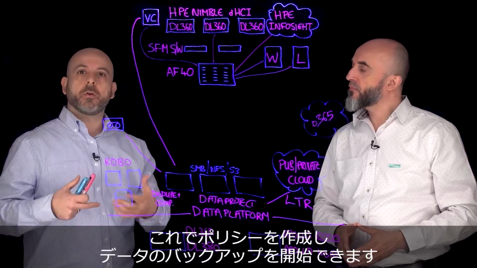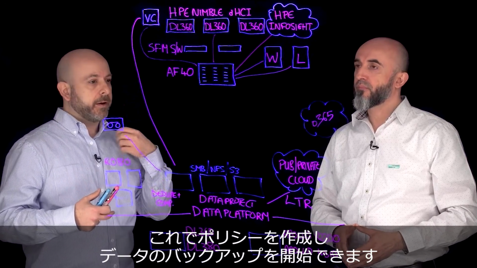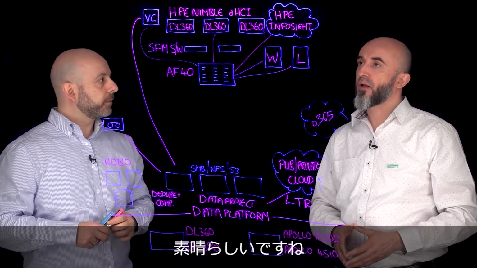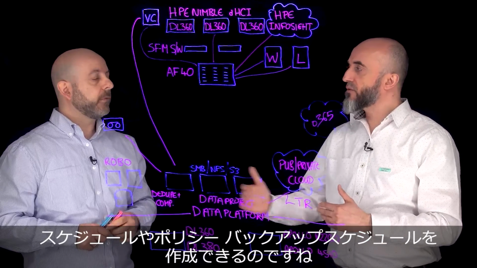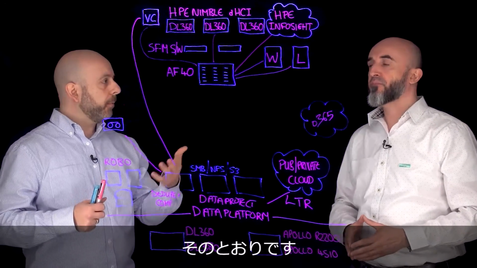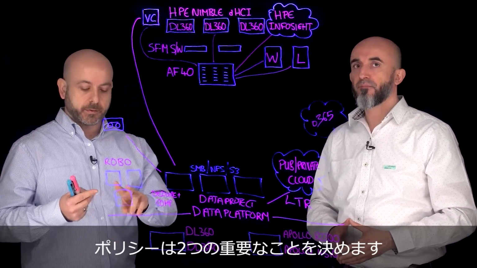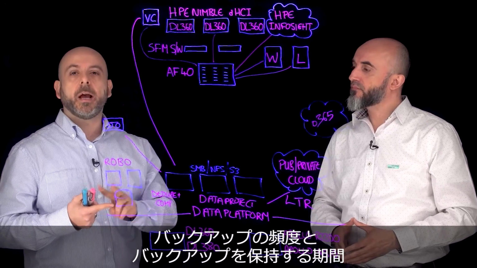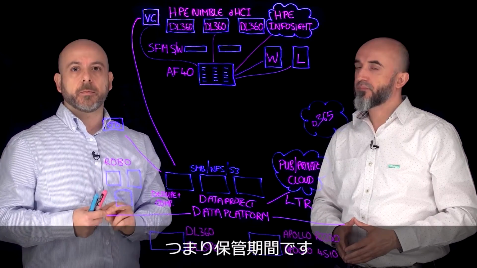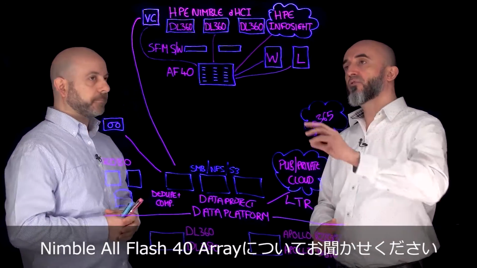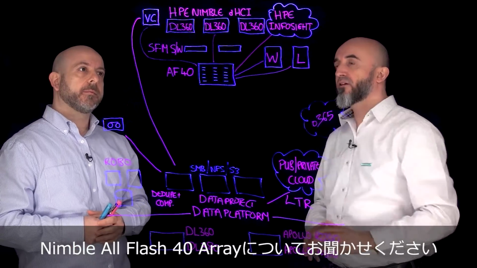Then we can start to create policies and just start backing up that data. The policy is a backup schedule. The policy really determines two major things: how often we want to back up and how long we want to retain those backups for, so the retention period.